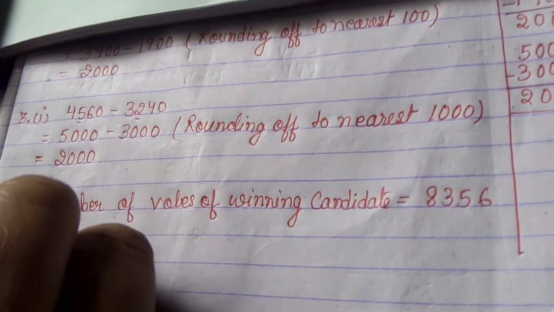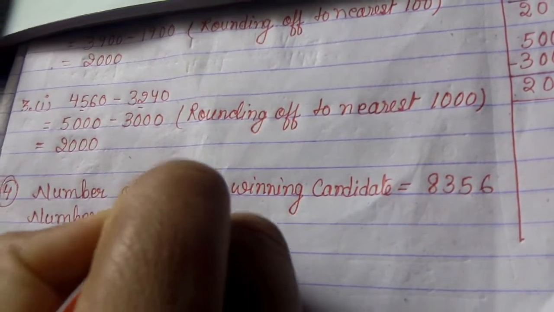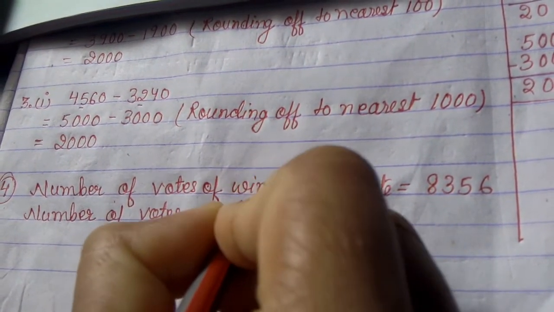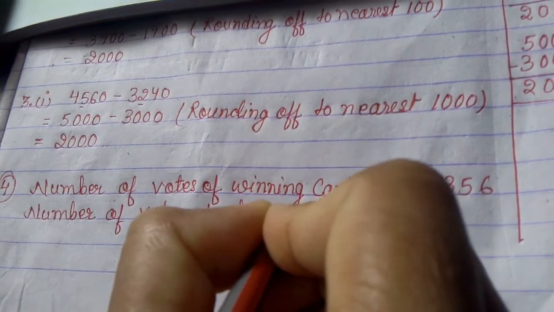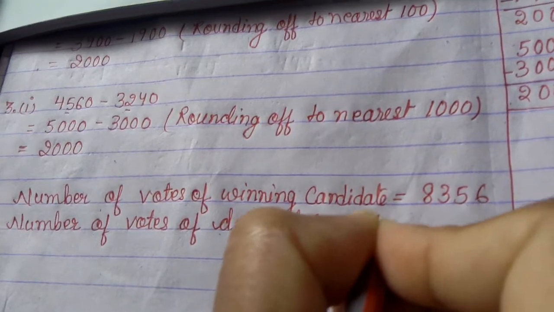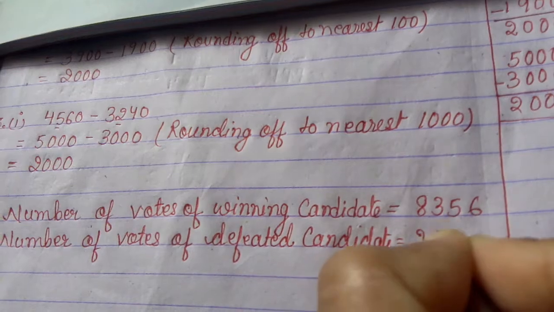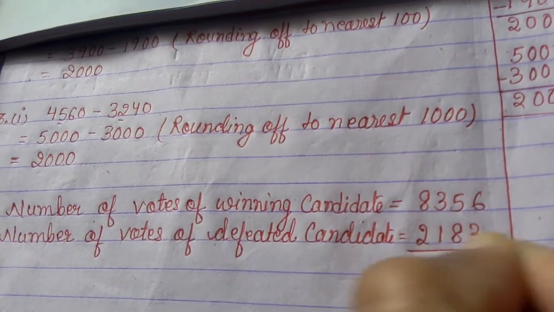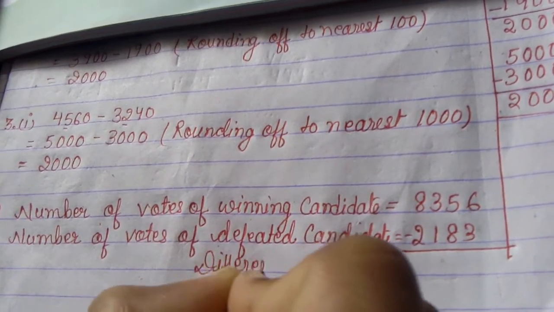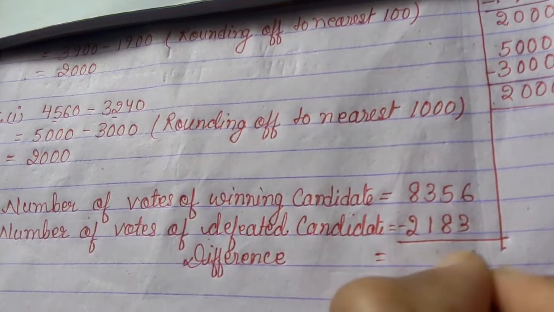Now number of votes of defeated candidate, that is 2,183. Now we will find the difference. So here is 3.